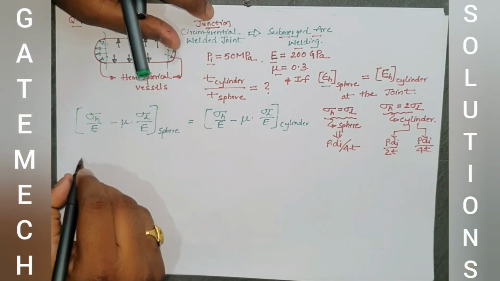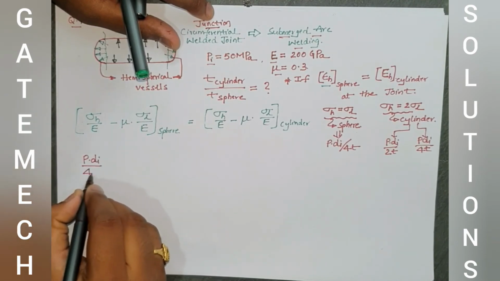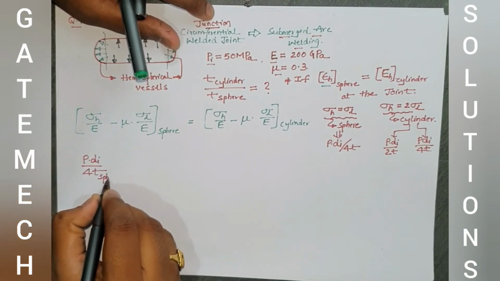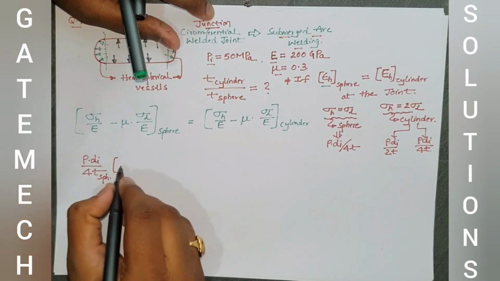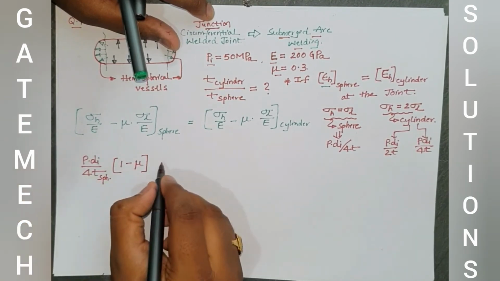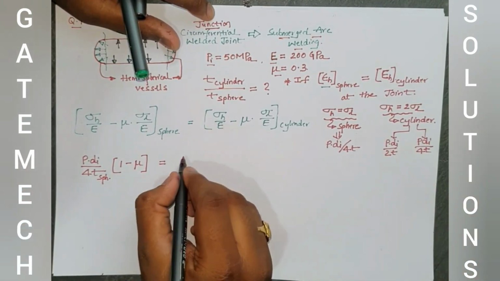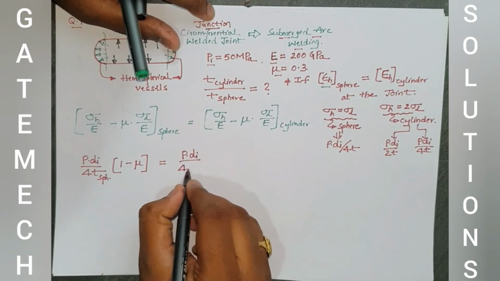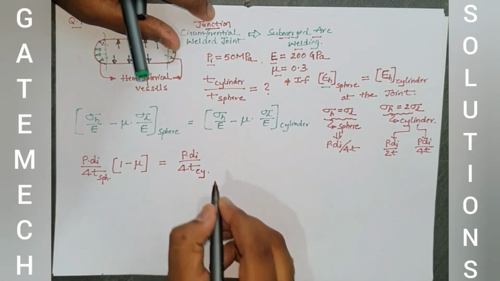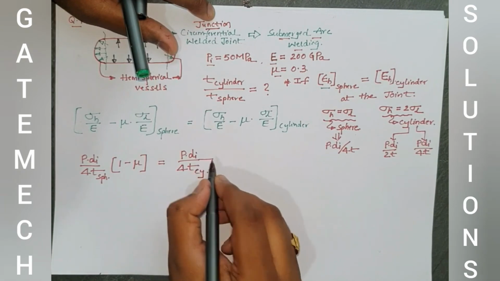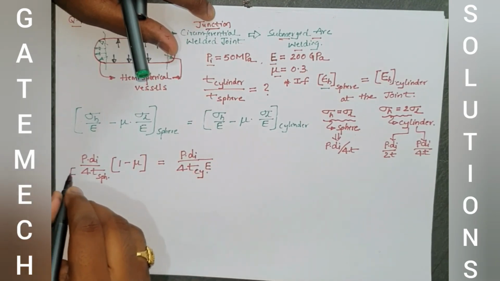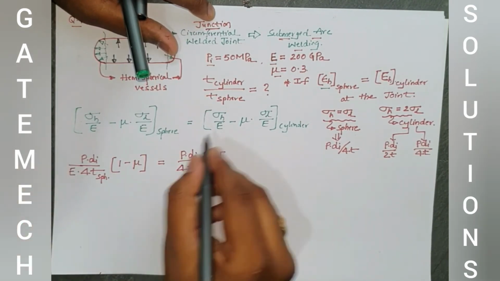Directly if we substitute here, common PD by 4 times t, where t is the thickness of the sphere, multiplied by 1 minus mu, is exactly equal to, substituting the formulas here, common PD by 4t, but this is for cylinder, common E also, and here you will get 2 minus mu.